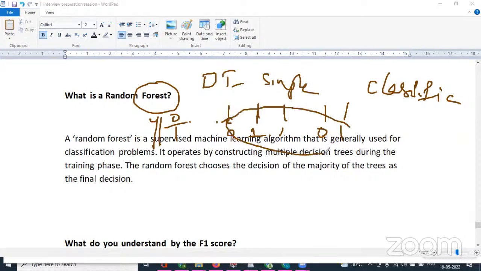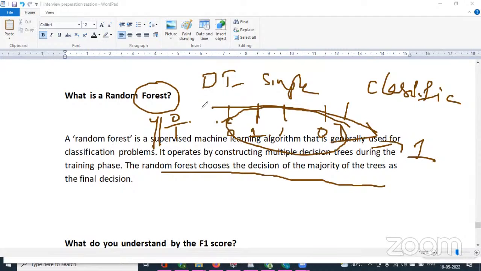Based on the majority of voting, the random forest takes the decision. As a result, it will give the classification as 1. This is about the random forest.